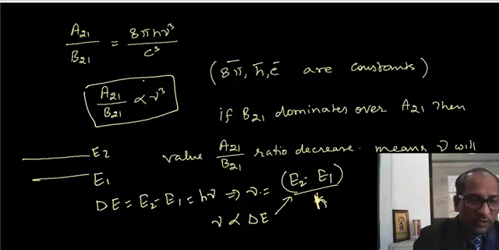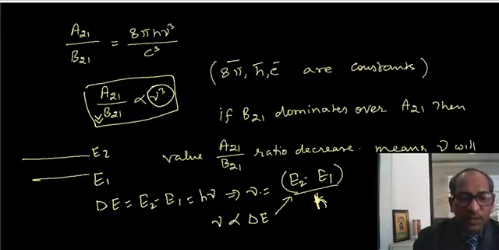So in laser, what is our requirement? Our requirement is that stimulated emission dominates. If stimulated emission dominates over the spontaneous emission, what should be the result for the energy gap? How much energy gap do we have to fix? That basically contains the information of nu.